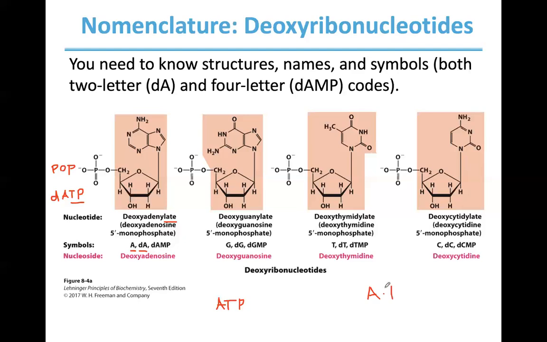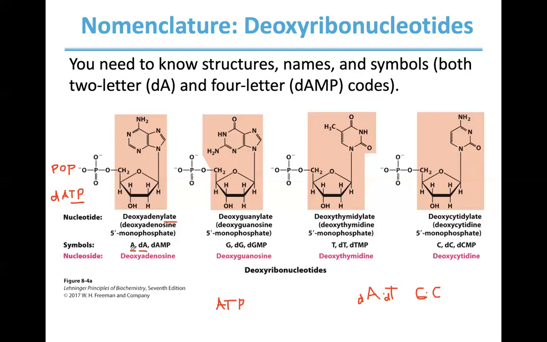base pairs with T, G base pairs with C. I did not say dA and dT, right? I just say A and T, even though these are based on deoxyriboses.